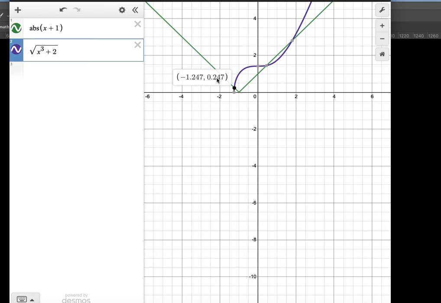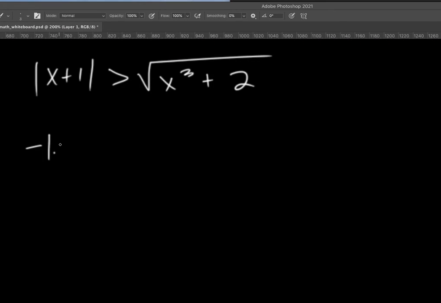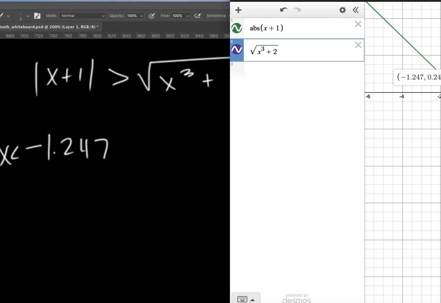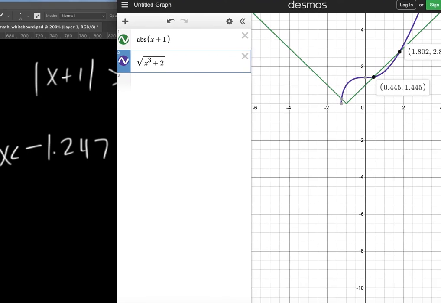So the green is greater than the purple when we're to the left of negative 1.247. And I guess maybe it's better if I just sketch this, but so when x is less than that one, and then the purple's on top here, and then when we're in between these two values, that's the rest of our answer.